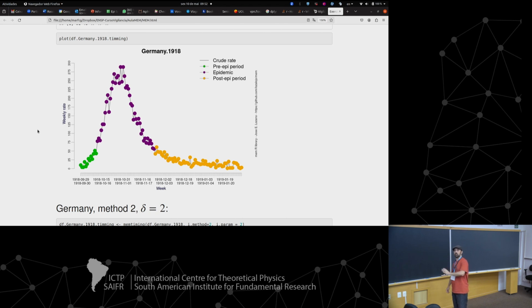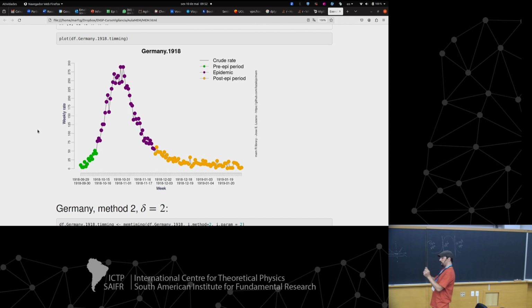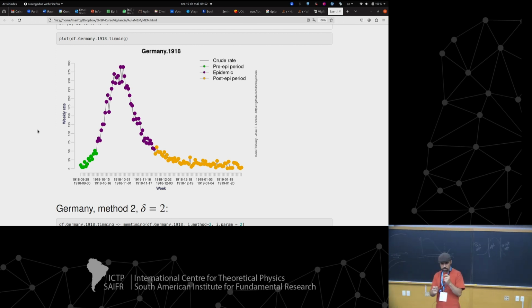We moved from method 2, which was the threshold one, to method 1, which was the calibration, minimizing a function that is a combination of window size and the derivative of the map curve.